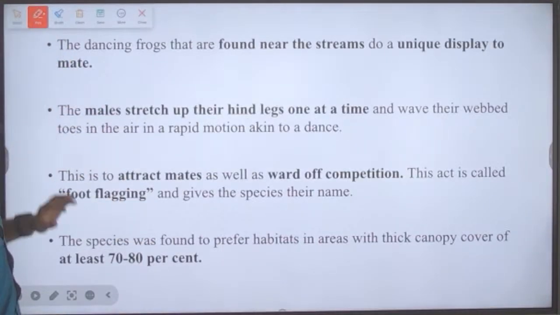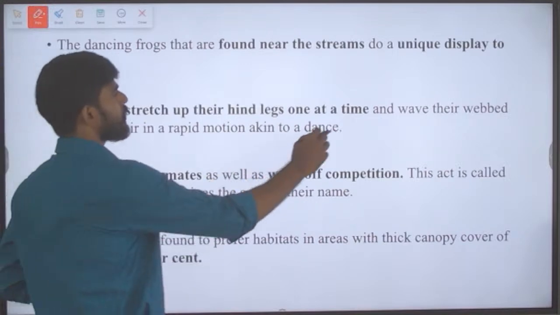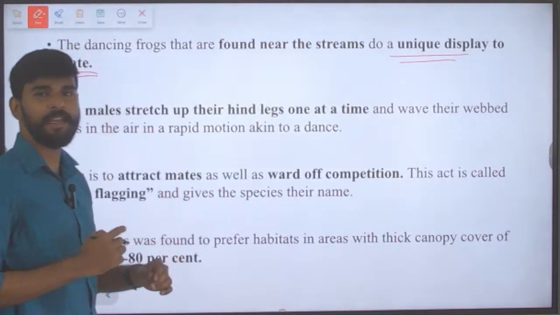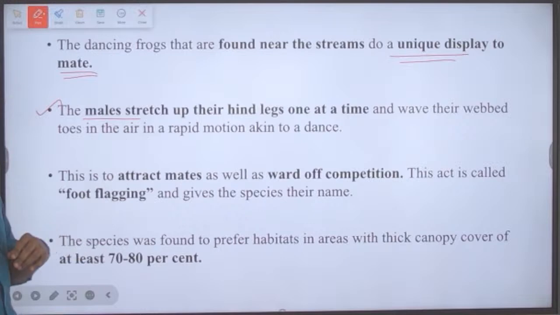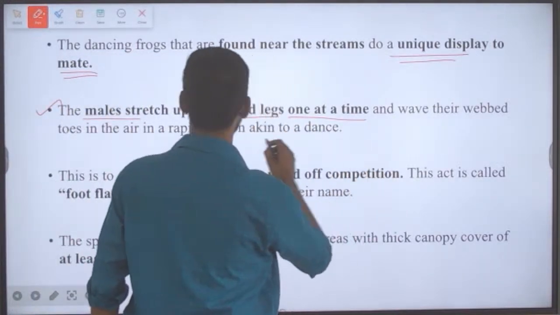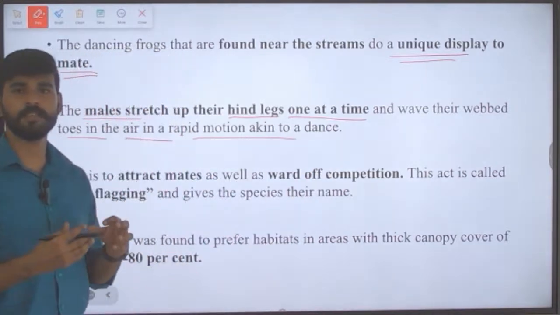Next, these dancing frogs are found near streams, and they display a unique mating display. The males stretch up their hind legs, one at a time, and wave their webbed toes in the air in a rapid motion, which is similar to a dance.